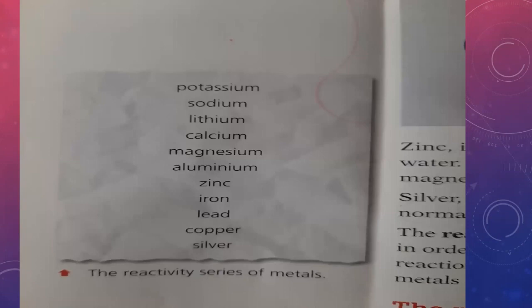This is the chemical reactivity series, which starts with potassium, sodium, lithium, calcium, magnesium, aluminium, zinc, iron, lead, and after lead should come hydrogen, and after hydrogen, copper, silver, and gold.